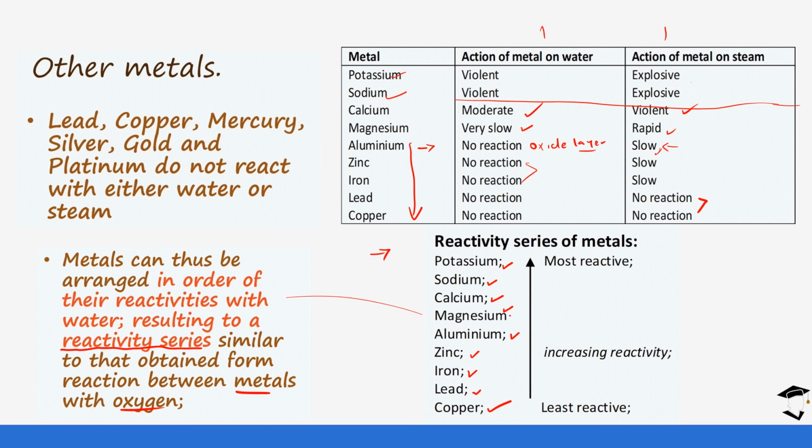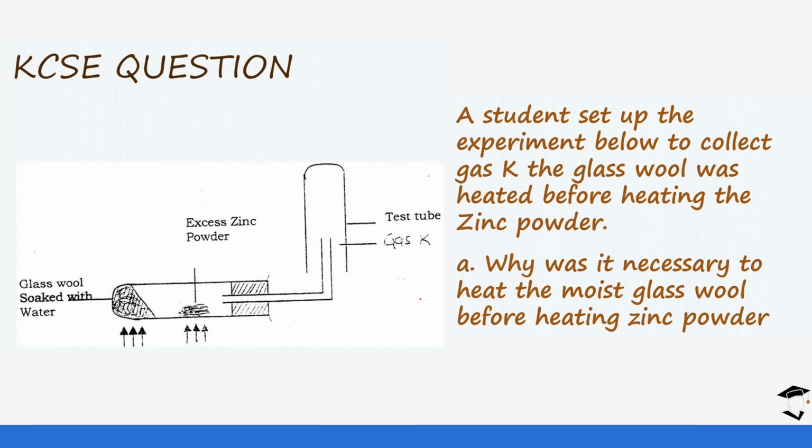The ones that are most reactive are on the top, the ones that are least reactive are at the bottom. It is quite similar to the reactivity series for the reaction of metals with oxygen, although for the one we discussed with oxygen, we are able to include other metals that we have not included in this case. So let's look at one question in regards to what we have discussed.